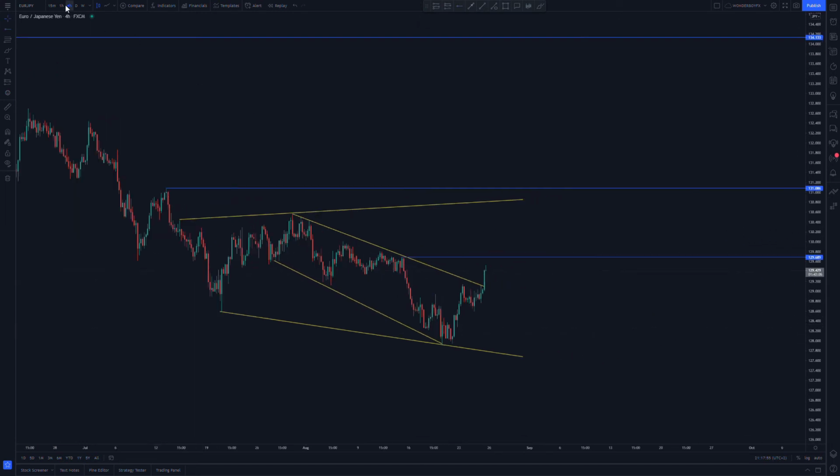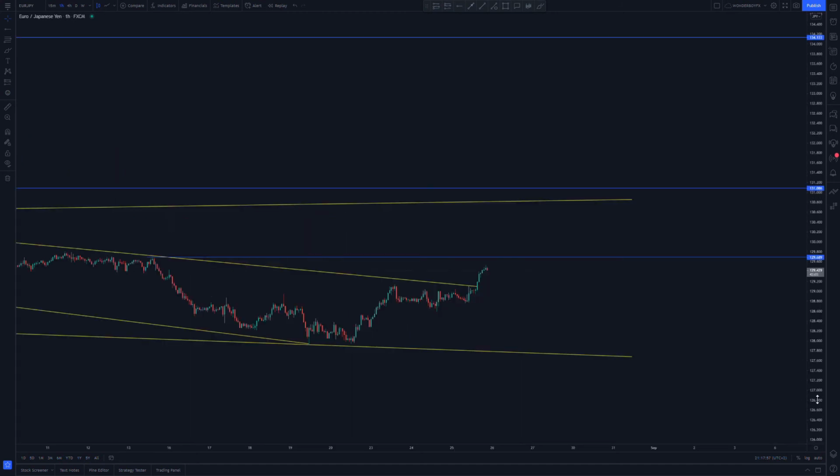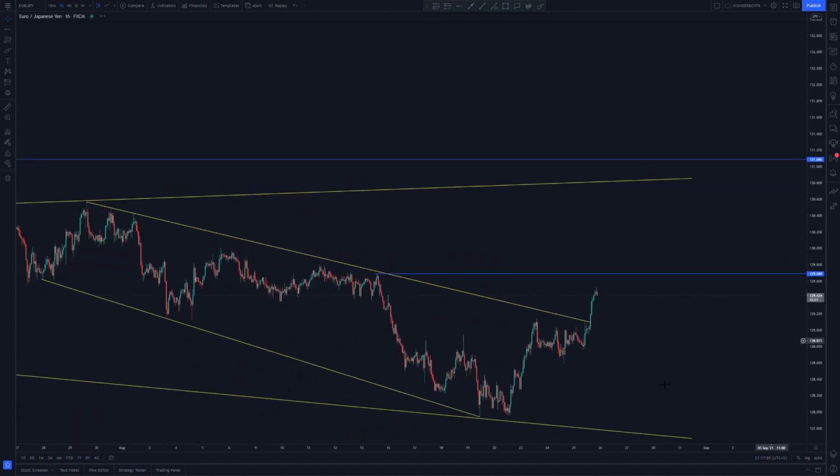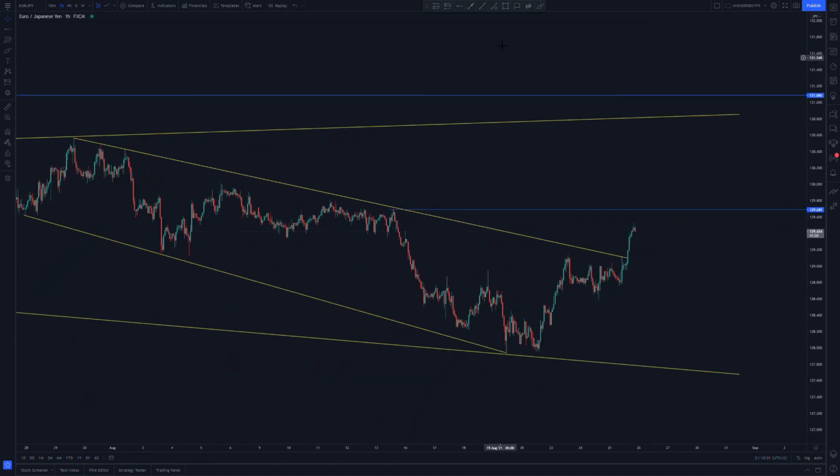So let me go to an hour to clarify this. So you can see how we've been moving. Corrective move, we push, come back, and then push, and then we had this corrective move. So now we push, and we're within this area here.